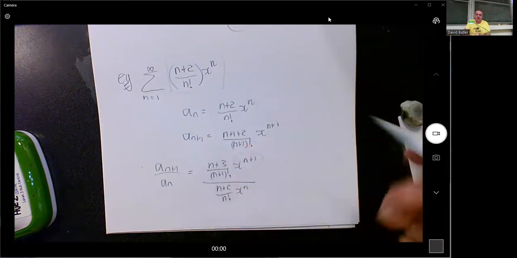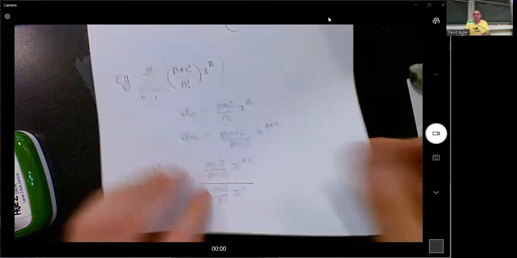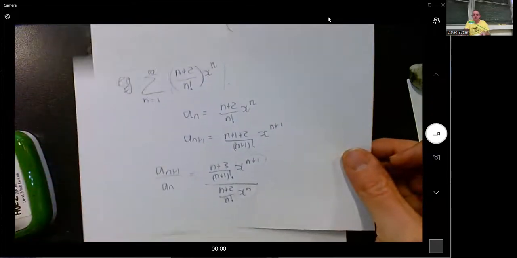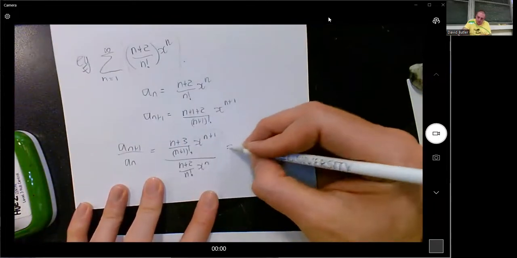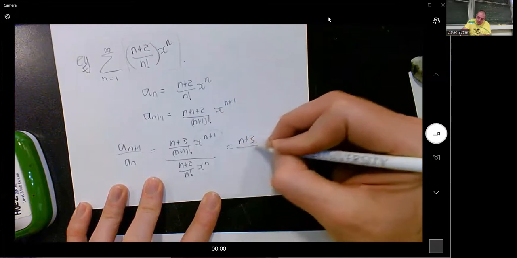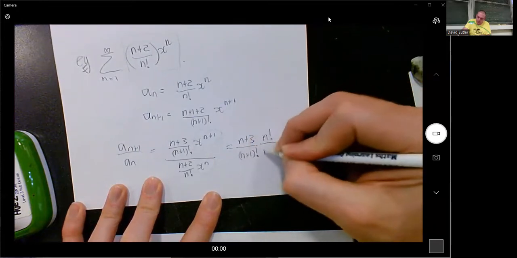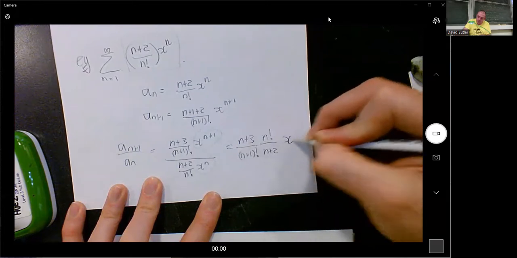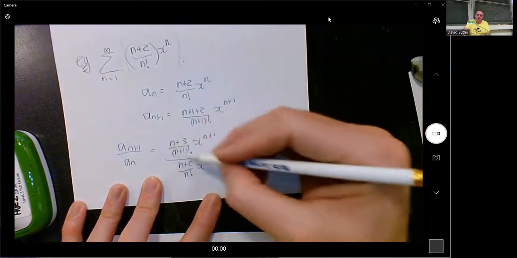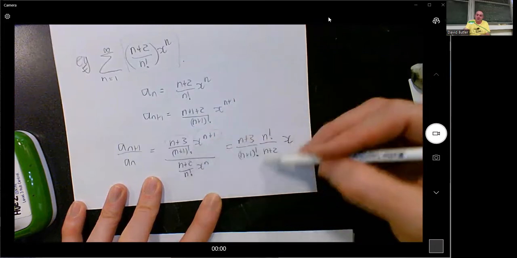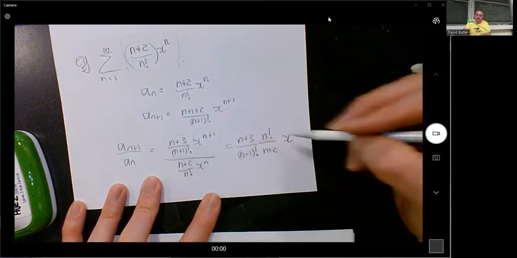And this divided by this is a fraction thing, so the fractions will end up the way they were. And this divided by this is x.